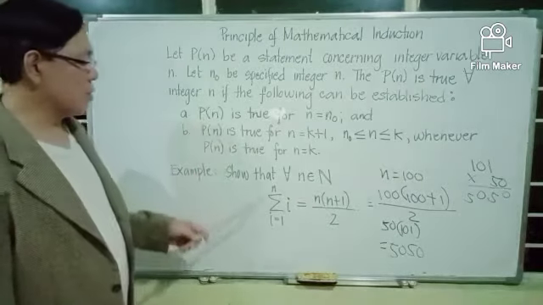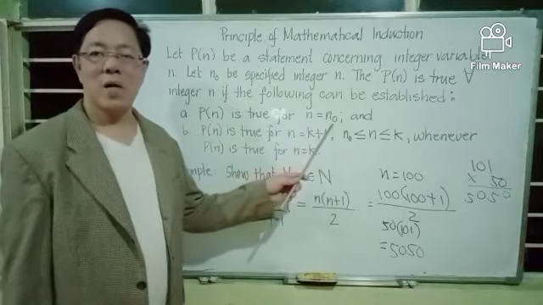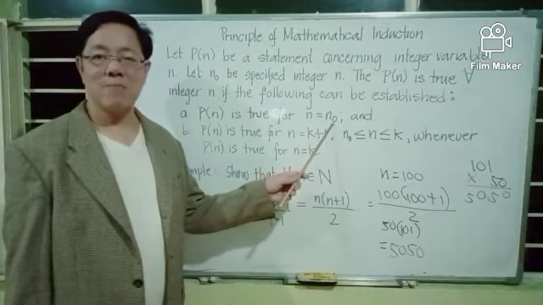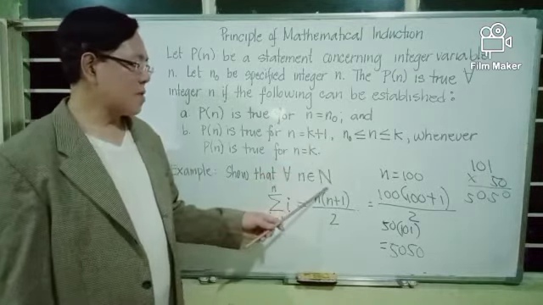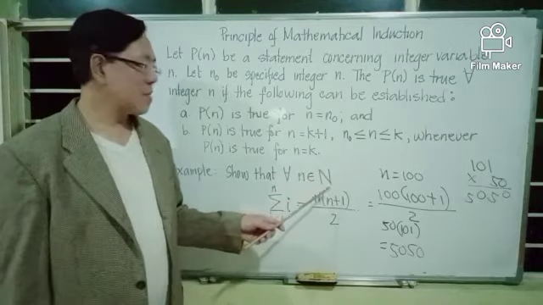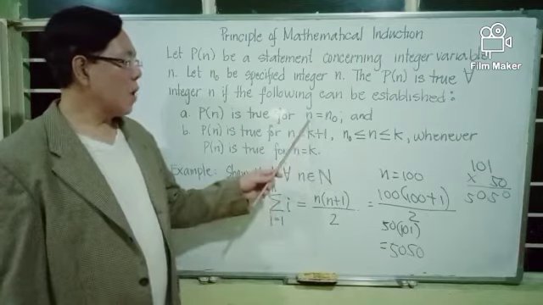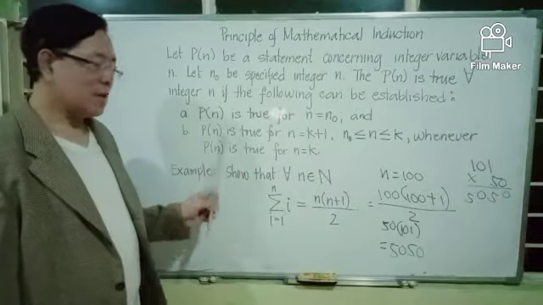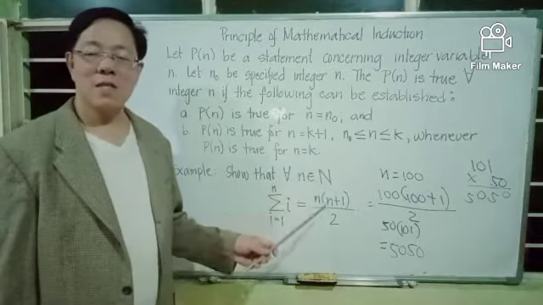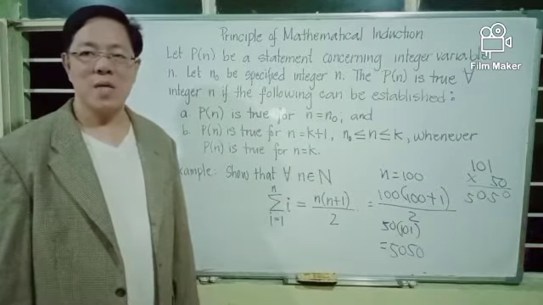The first part, we will show that this is true for n equals n sub 0, where n sub 0 is a given specific integer. Because our set is the set of natural numbers, we assign n equals 1 for letter A, because 1 is the smallest natural number or the smallest positive integer.